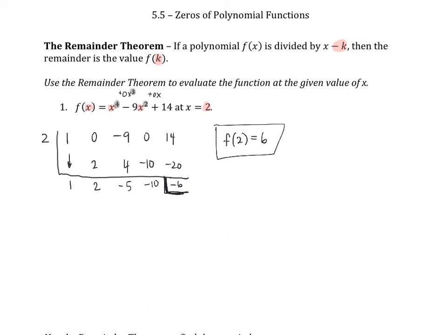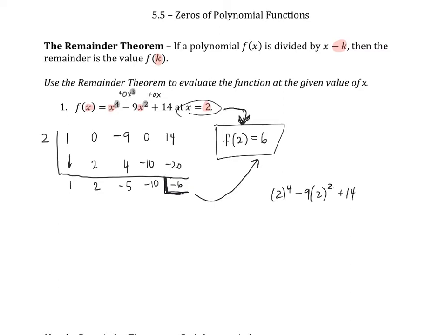So if you use synthetic division to divide, right, so here's our value of x. The remainder is the function value. Okay? So we can check that by just plugging in the 2. If we plugged in 2, we'd have 2 to the 4th minus 9 times 2 squared plus 14.